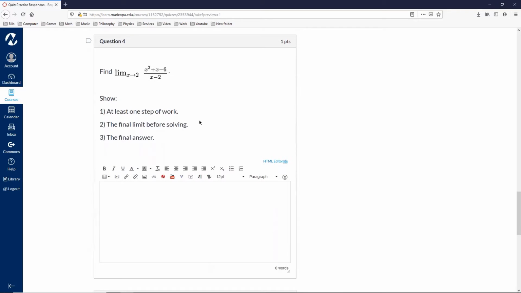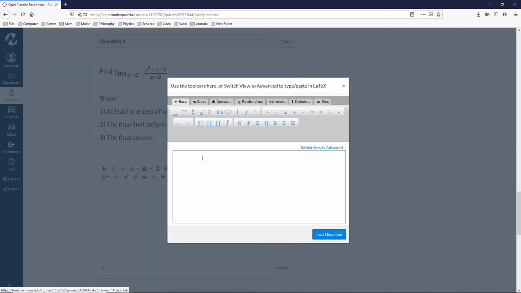And here's another example. So find this limit, show at least a step of work, the final limit before you solve it, and then what that final solved answer is. So, well, if we plug in 2, we get 0 over 0. So the indeterminate form, there must be something more we can do there.